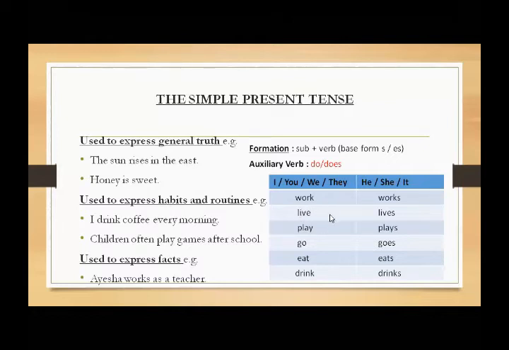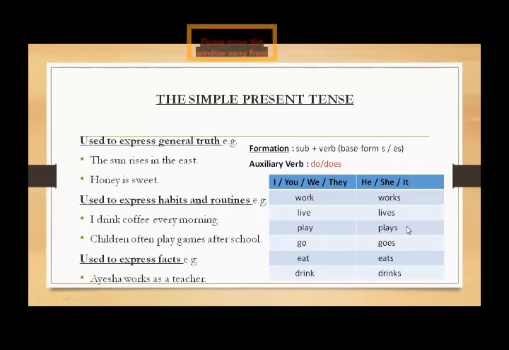And with he, she, or it, or singular names, we have to use s or es with the first form of the verb. Just like with I, you, we, they, we use the verb as it is, I work, but he, she, it, she works. Just like you live, but she lives.